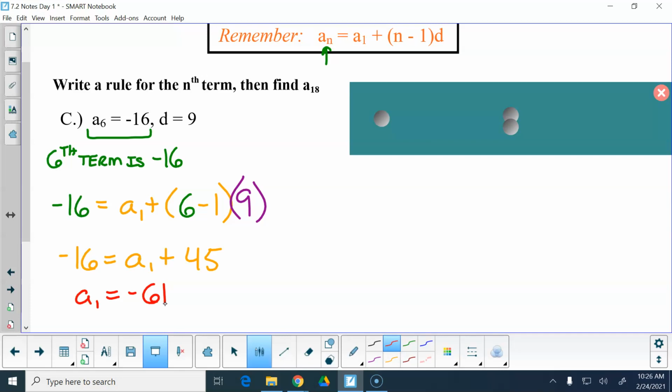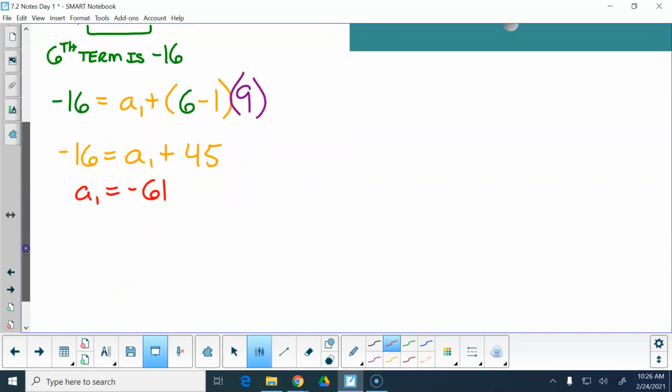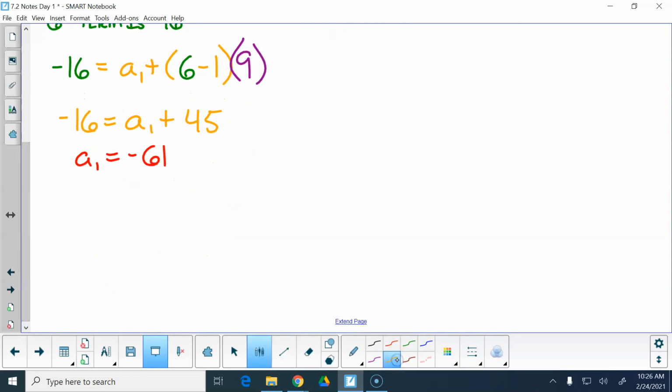Now that I have that, I can reuse my rule, and I can say that any old term a sub n is equal to negative 61, that's my first term, plus n minus 1 times my common difference of 9.